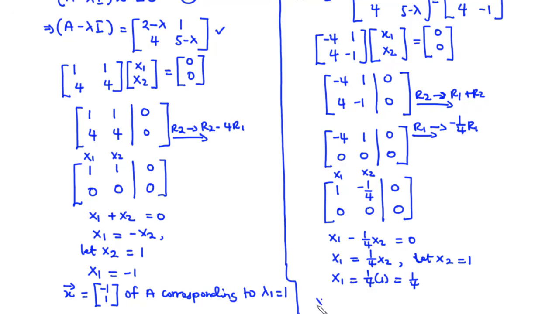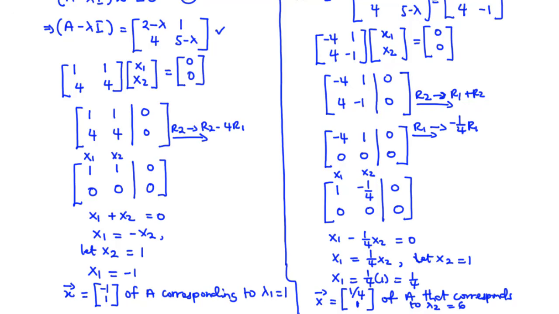Therefore, we say that the eigenvector which has components x1 1 over 4 and x2 1 is the eigenvector of A that corresponds to lambda 2 equals 6.